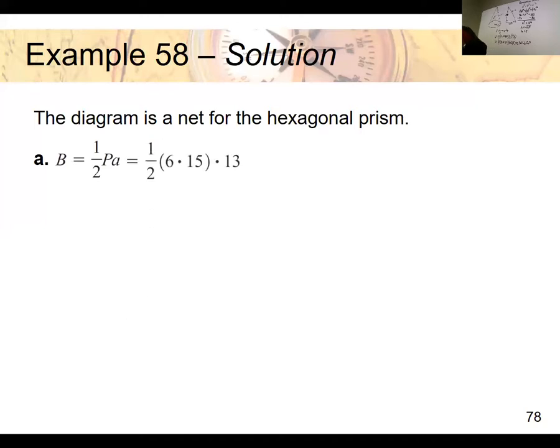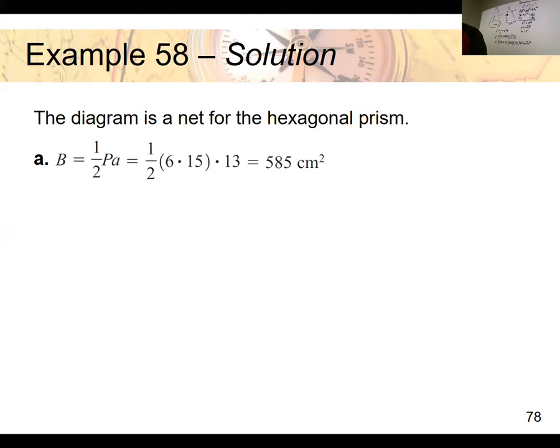And that's 1/2 times, there are 6 sides in a hexagon, each is 15 centimeters, so that's 6 times 15, times the apothem. They give that to you as 13 centimeters. So simplify that. 6 times 15 is 90. Half of 90 is 45. 45 times 13 will be 585 square centimeters. That's the area of the base. That's part A.